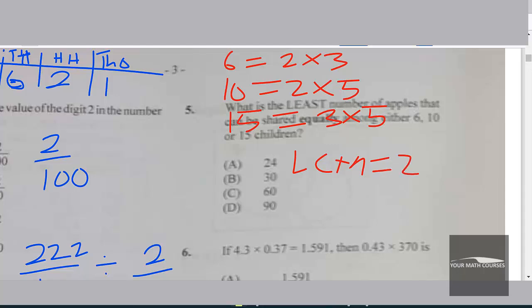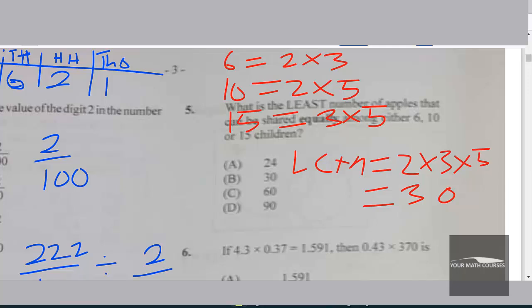Then among the 3s, we have 3 to be the highest. Then among the 5s, we have 5 to be the highest. So it will be 2 times 3 times 5. That will give us 6 times 5, which is 30. So 30 is the correct answer.